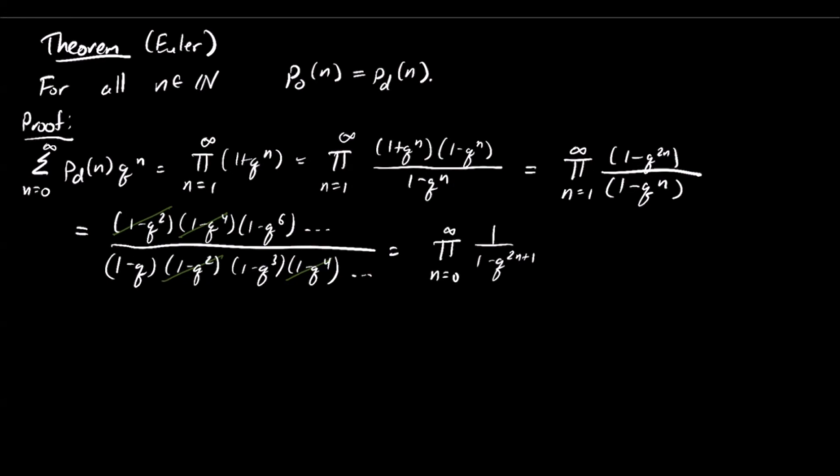Right, so I'm going to be left with only the odd powers of q in the denominator. The whole numerator will cancel out. And what is this the generating function of? This is nothing but the generating function of po of n, the sum of po of n q to the n, where n is greater than or equal to 0. Right, so this is Euler's proof of this fact.